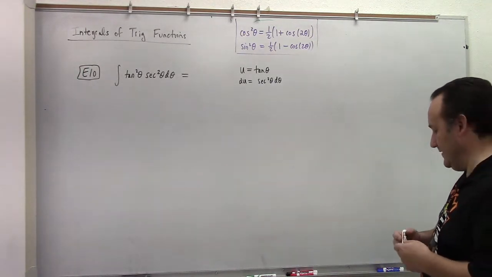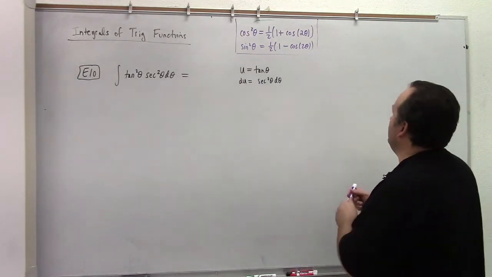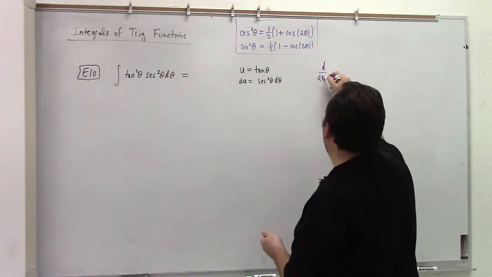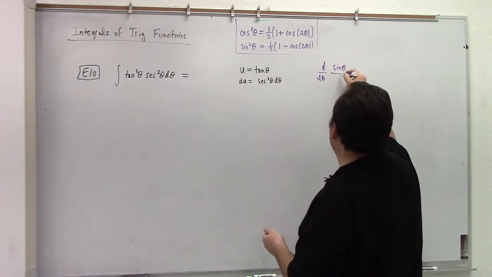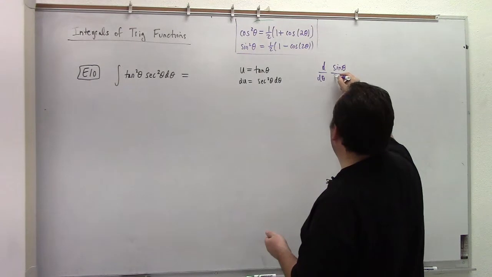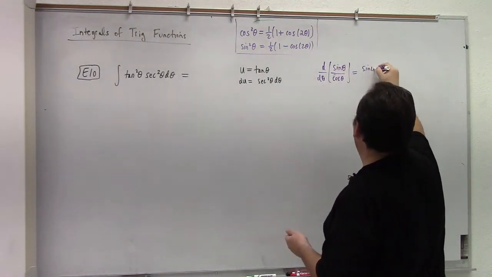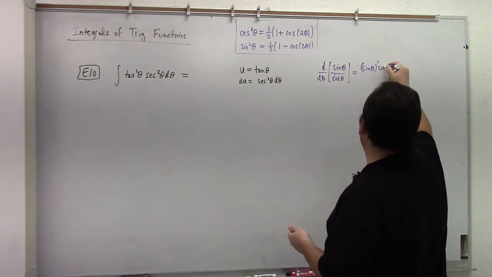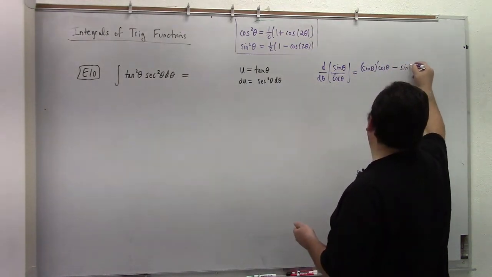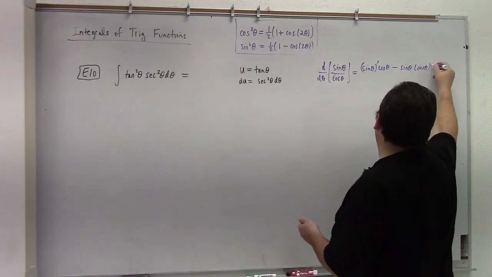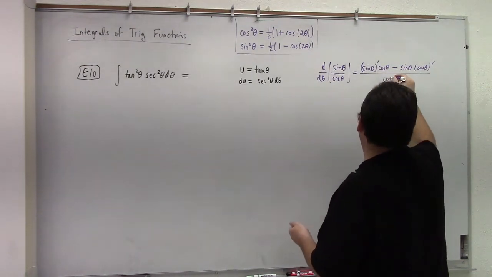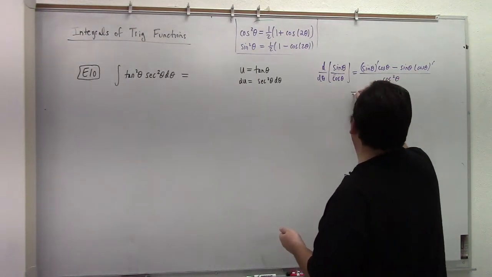If you forget that, remember, you can derive it. You just got to go back to basics. So tangent is sine over cosine. So that's sine theta differentiated times cosine theta minus sine theta times cosine theta differentiated, divided by cosine squared theta.